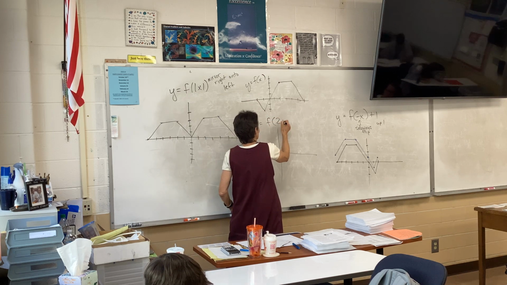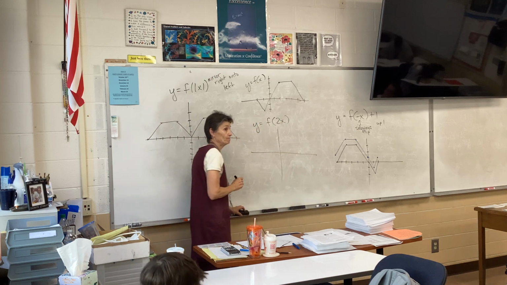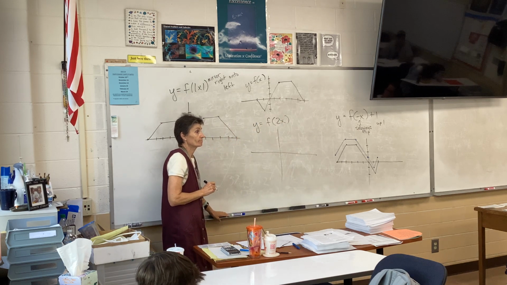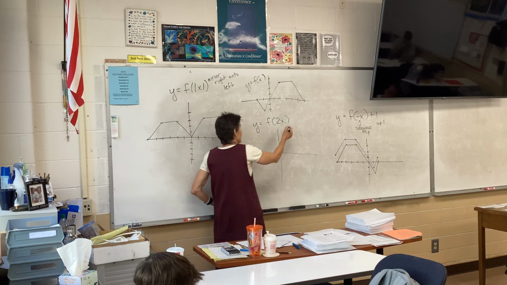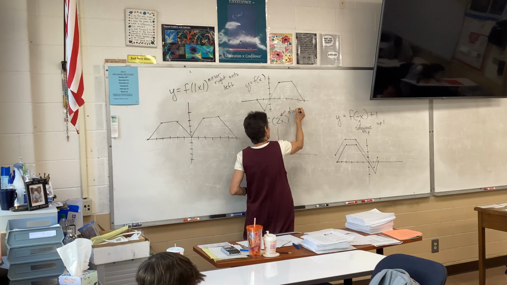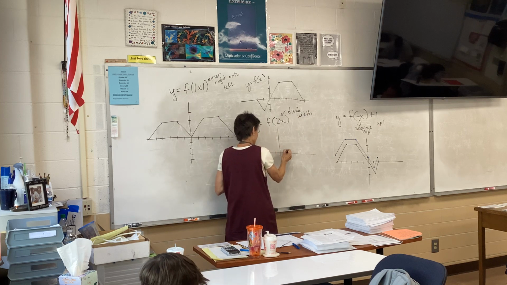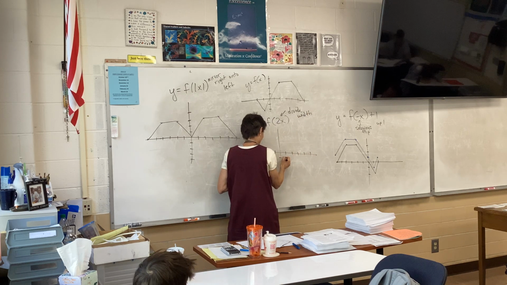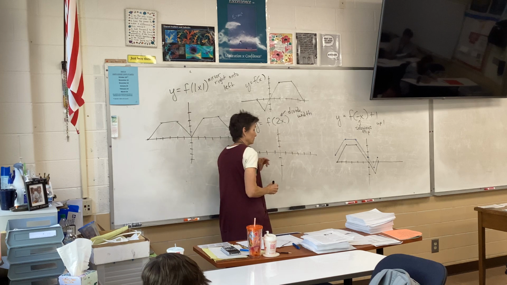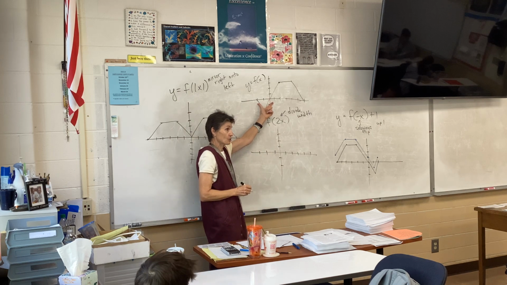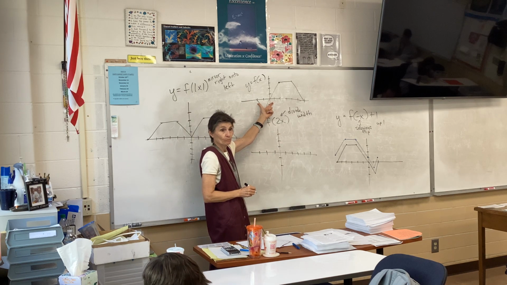Who knows what to do with this one? Divide the width. Very good. So divide the width. So what that means simply is this. How wide is this triangle? 2.